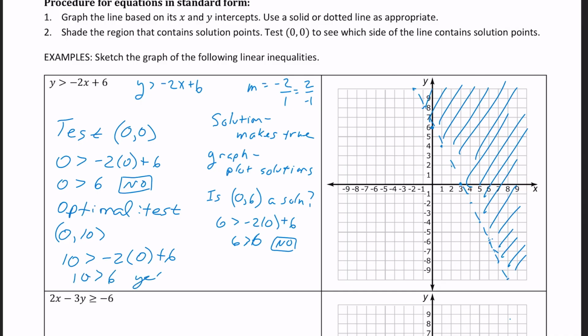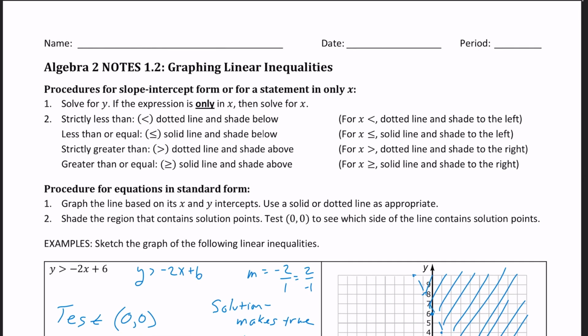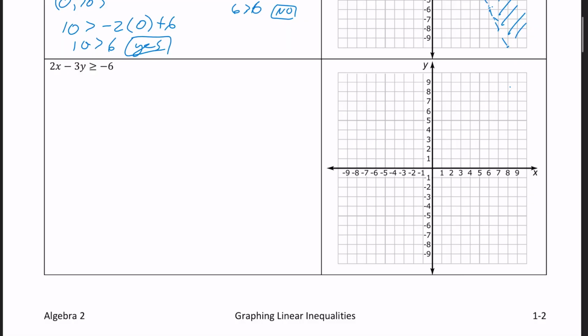And it is. So the side that holds 0, 10 should be shaded. The side that holds 0, 0 should not be shaded. So that's one way to figure that out. And again, that's why I'd suggest you always want to read the notes just because they have some mention of principle and guidelines to you.